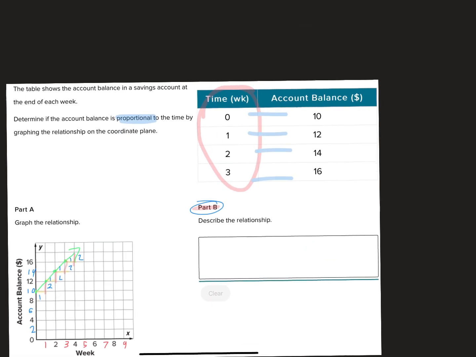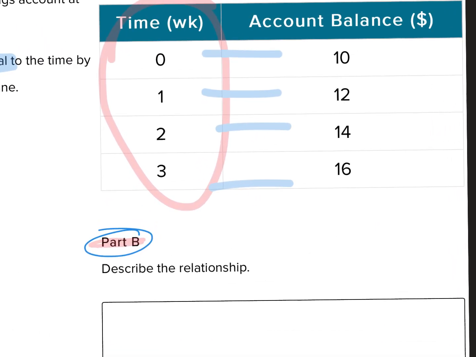I can also look at the table. Now, it does have a starting balance of $10. That's how much it starts off with at the very beginning. But for each week, we are going up $2.